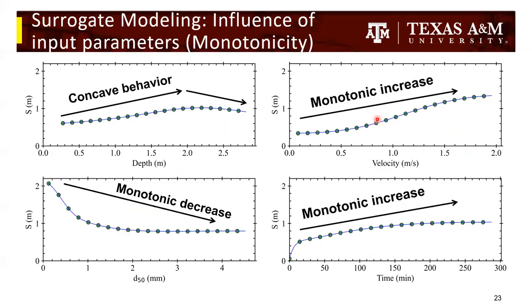So this is the monotonicity analysis, where we tried to see how the points predicted from the surrogate model affect the scour depth. What we saw is that the scour depth is directly dependent on the D50.